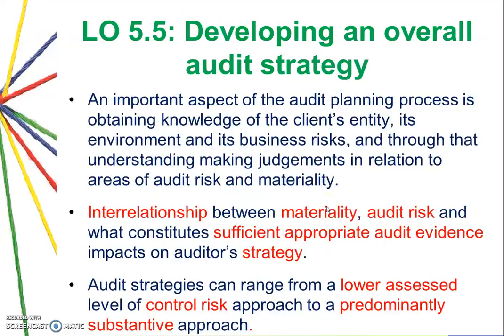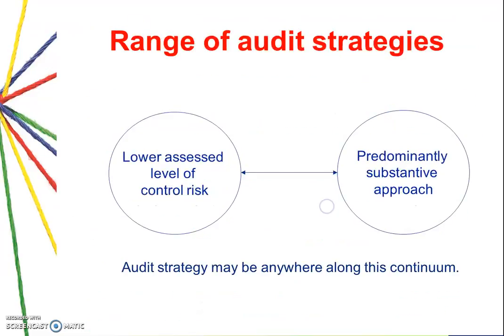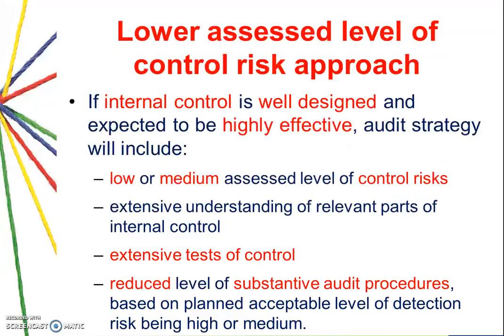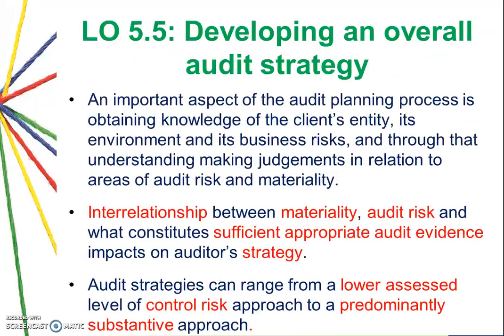Now, learning objective number 5, developing an overall audit strategy. It will be from slide number 35 to slide number 38. All right. So at this stage, consideration is given to the different types of audit strategy, the approach of relying on internal controls versus the predominantly substantive approach.